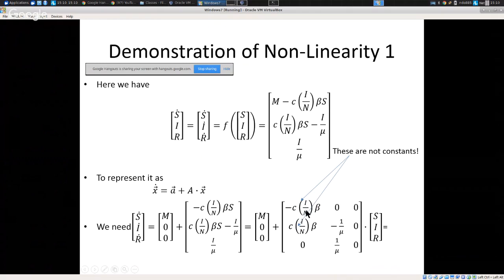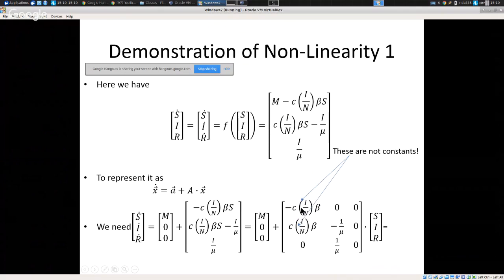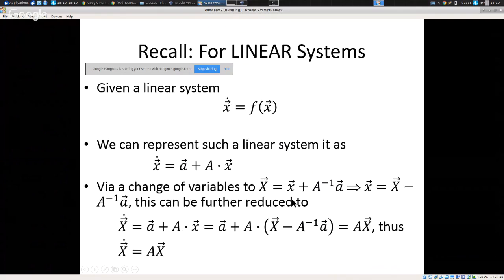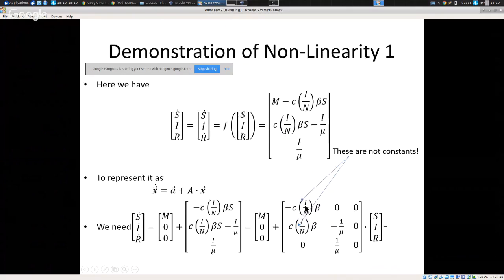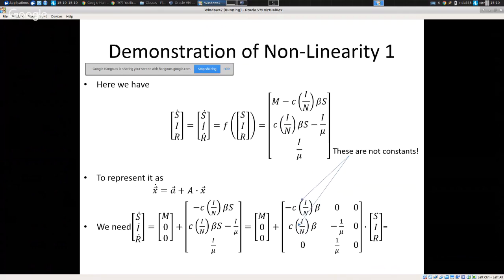It doesn't fit that way. We don't have a fixed A that applies everywhere. Or another way to put it is A changes depending on what the value of x is, depending on what the value of I is. So that's one way to understand it as nonlinear. We can't describe it this way with a matrix of constants. Does that make sense? Okay.